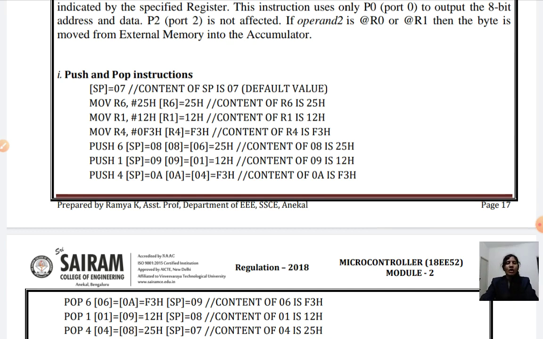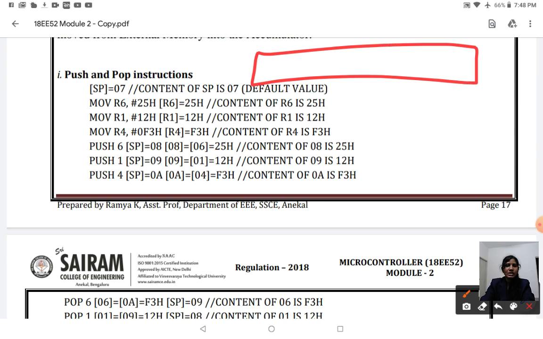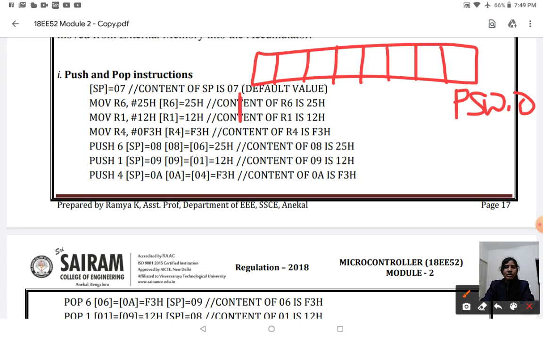For example, suppose you are resetting your microcontroller, what will be the value of your stack pointer? As we discussed in the first module, you have a program status word, which goes from PSW.0 till PSW.7. On reset of your microcontroller, everything will become 0, 0, 0, 0, 0, 0, 0.